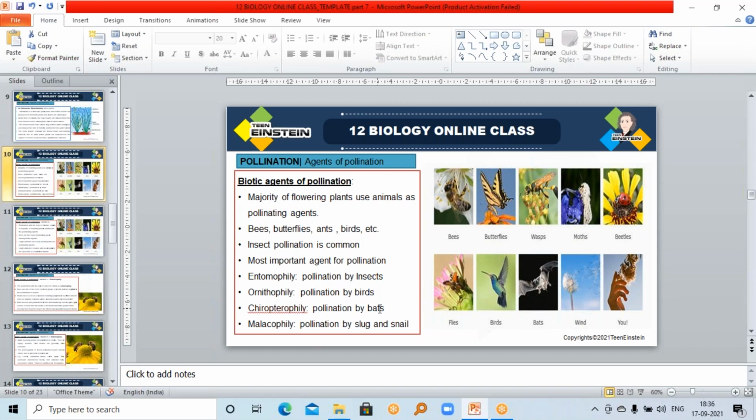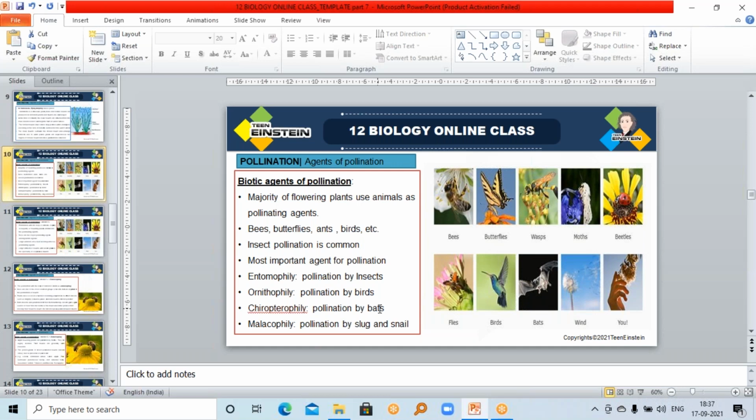Among the biotic pollinating agents, there are bees, moths, beetles, flies, birds, bats and more. Insects are the major agents of pollination. The majority of pollination in flowering plants takes place with the help of insects.